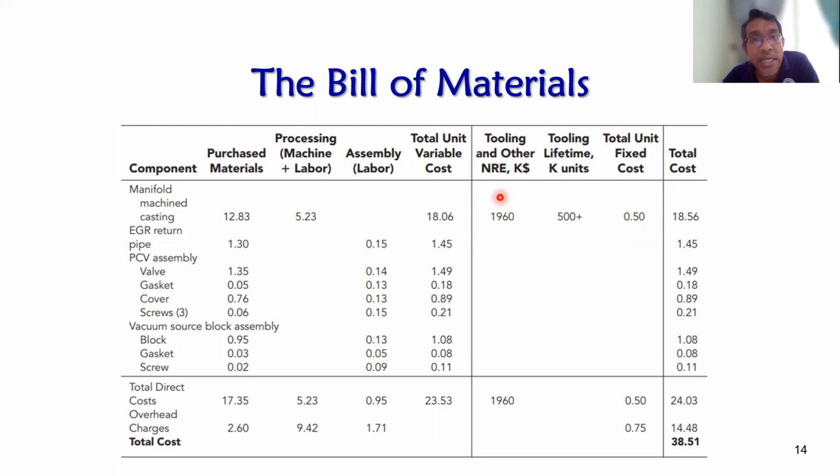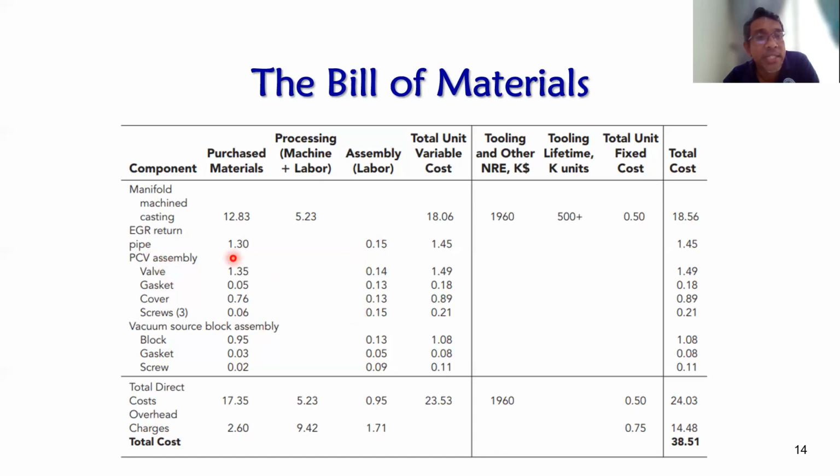So the toolings, the lifetime toolings, this is the total for the fixed cost, and this is the total for the variable cost. For the others, they just use standard parts and custom parts, purchased material and assembled parts.